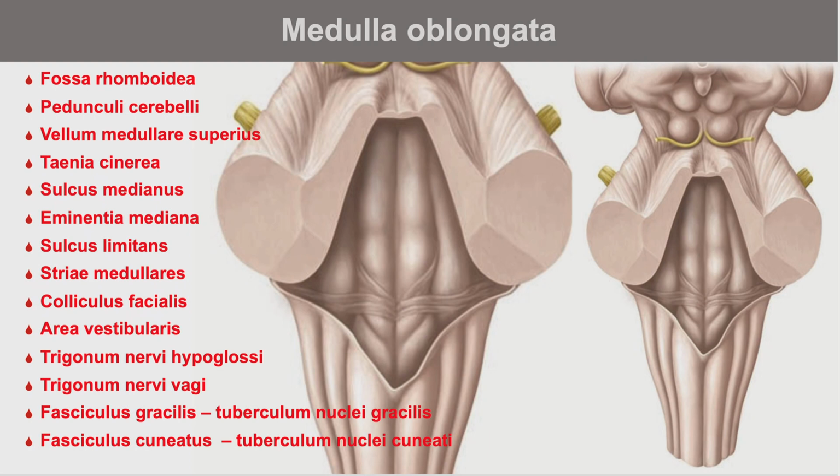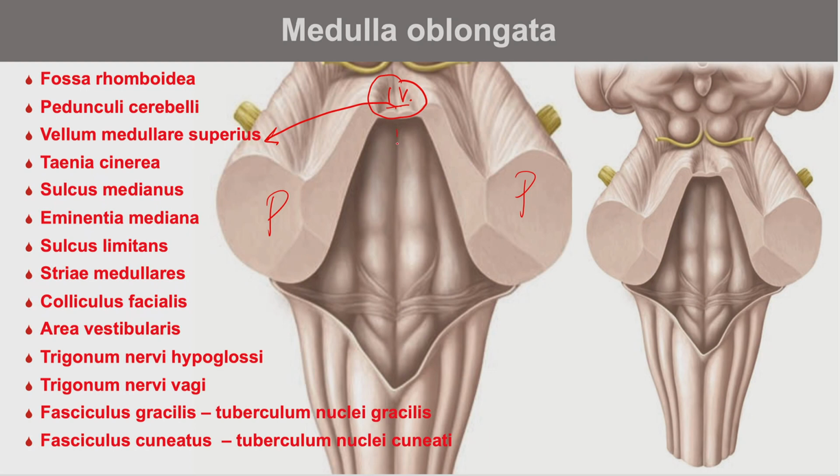So now we turn back to the oblongata and terms which you will have to know. So the fossa rhomboidea I have commented. Pedunculi also, two pedunculi. Here is the roof of the fourth ventricle, which is called velum medullare. Velum is really the roof of the fourth ventricle. It is at the top.